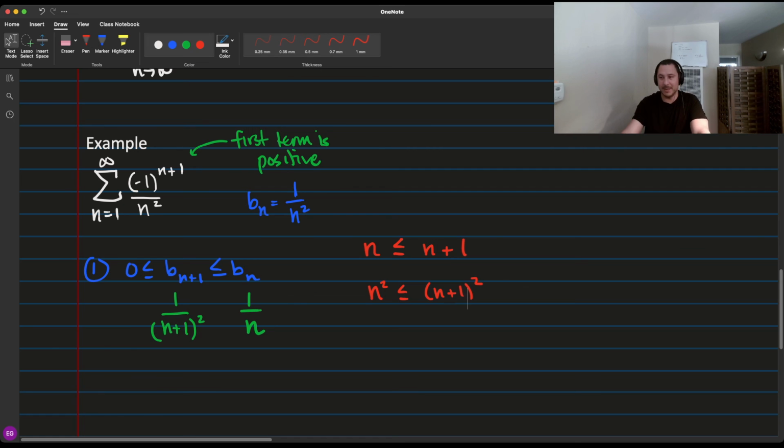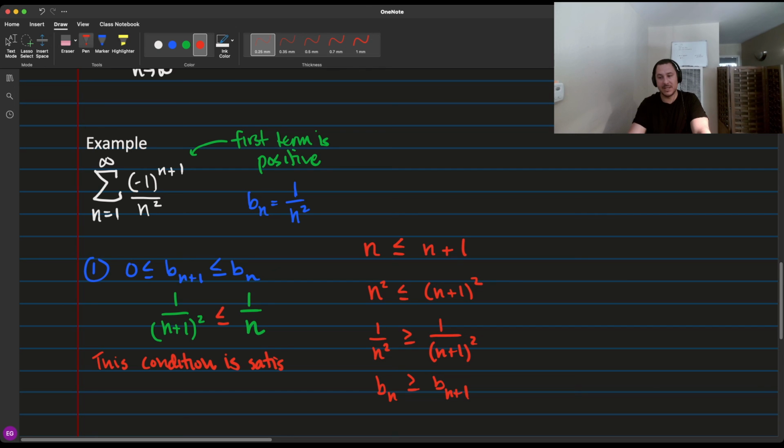And if you take the reciprocal, the direction of the sign changes. 1 over n squared is going to be greater than 1 over (n+1) squared. And notice that this one, bn, is greater than bn+1. So yes, this condition is satisfied. The terms are definitely always getting smaller.